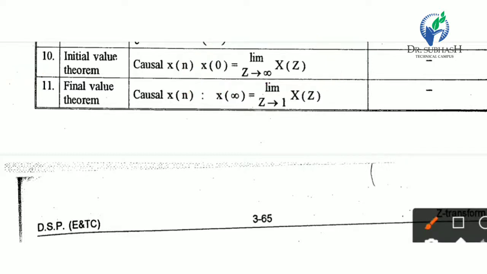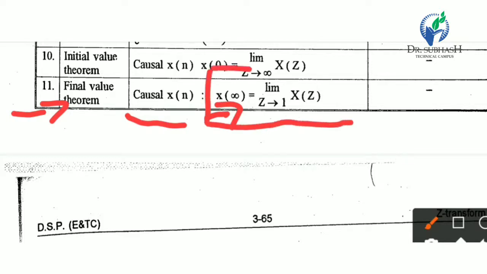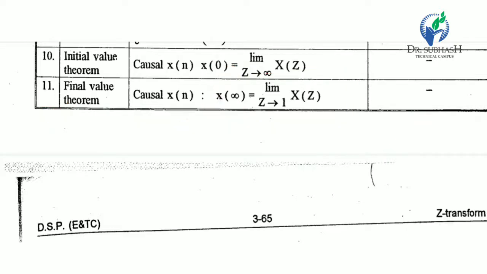The next theorem is the final value theorem. For a causal x of n, x of infinity equals limit z tends to 1 of (z minus 1) X(z). So there are only 11 formulas or properties of the Z transform.